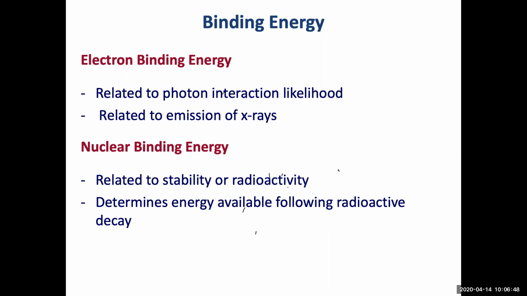Because the electron is bound, it belongs to this orbit. To remove this electron from its orbit, you have to have minimum energy to remove it. Already explained by Ms. Maram in the first presentation, I remember.